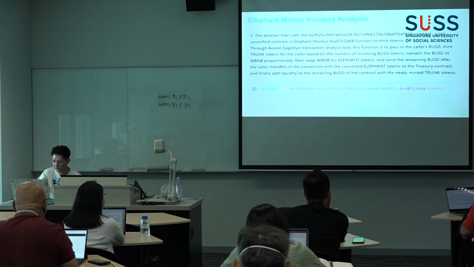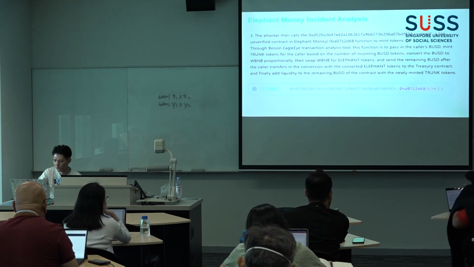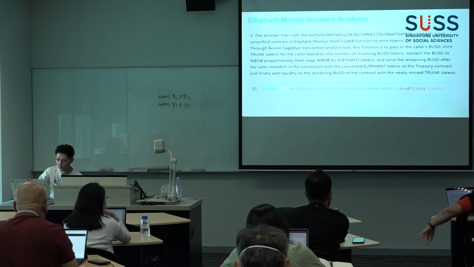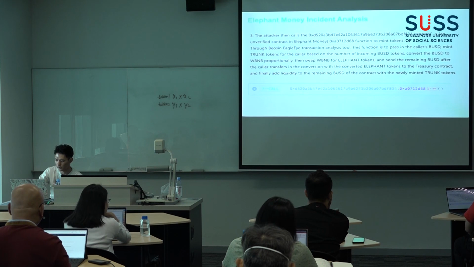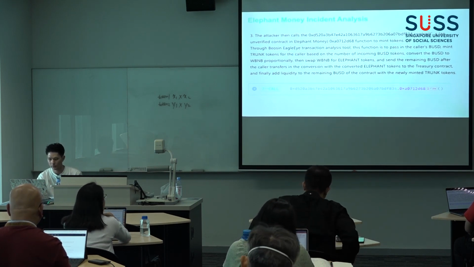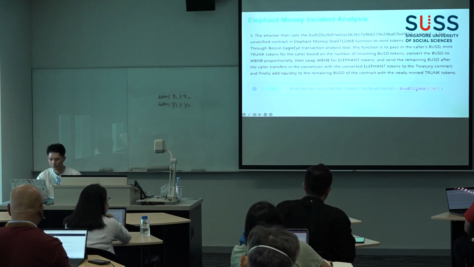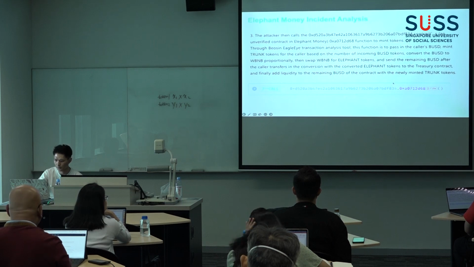It will send the remaining BUSD, after the caller transfers in, along with the converted Elephant tokens to the treasury contract. And liquidity will be added to the remaining BUSD of the contract with the newly minted Trunk token. So as we can see, this function is unknown, but we know what it does based on the transaction analysis.